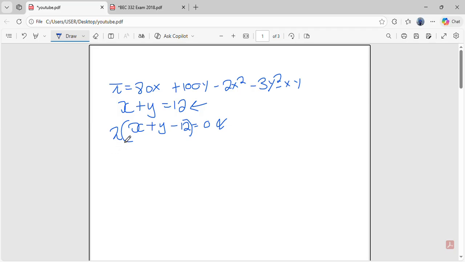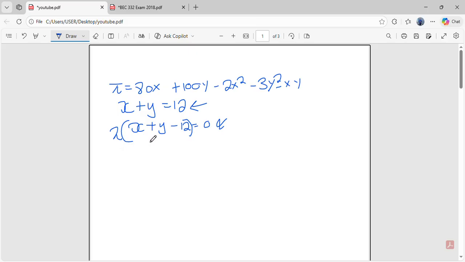I know a lot of you know lambda from physics, specifically wavelength, the distance between two successive crests or troughs. But we are not looking at physics in this context. We are going to look at lambda as a Lagrangian multiplier.